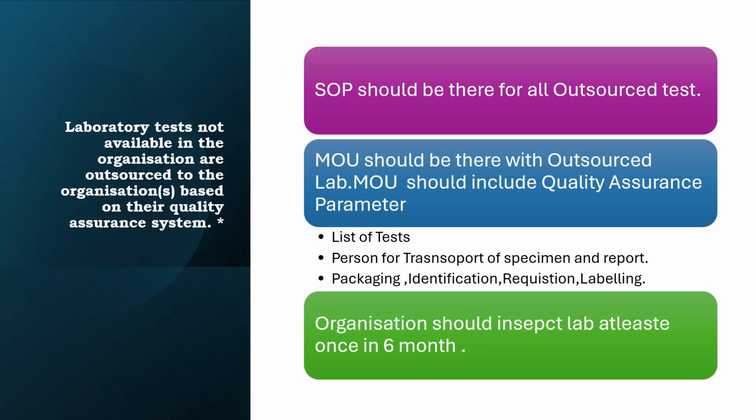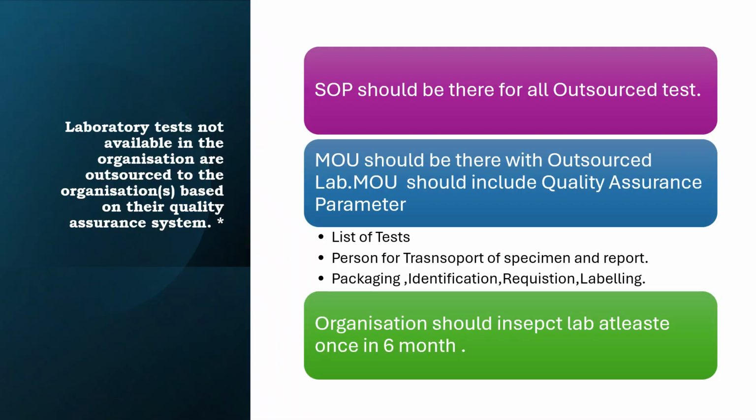In the MOU, on the last page, you should have the quality assurance parameters. In the quality assurance parameters, these things should be written: the person transporting the specimen, and that reporting should be done properly. Packaging, identification, requisition, and labeling as per the requirement should be there.